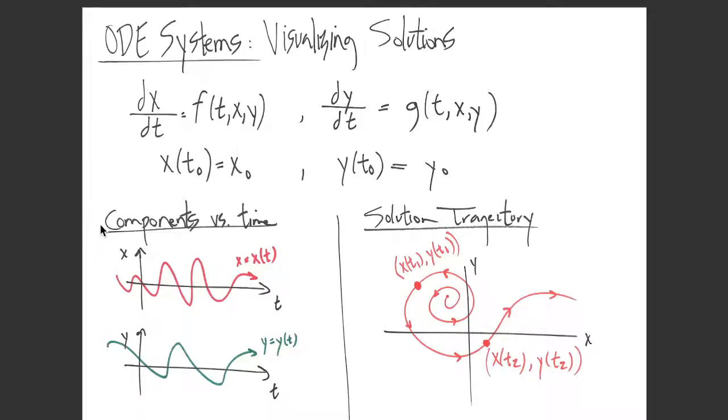And the way that we've been visualizing solutions mostly up to now is by visualizing the graph of each solution component, x or y, as a function of time. And that's often exactly what you want to do. But there is another way of visualizing the solutions.